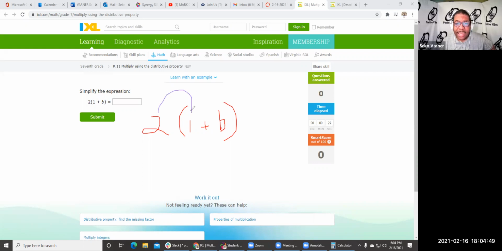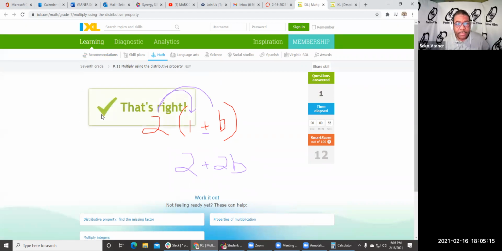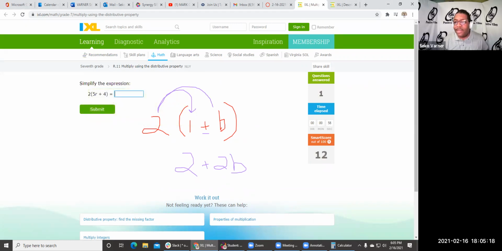So 2 times 1, which is 2, and then 2 times b. We don't know what b is, but it's a positive b. So that's going to be 2 plus 2b. Here you're going to type in 2 plus 2b, and you should get the right answer. Ooh, that's right. Hopefully you wrote that down.